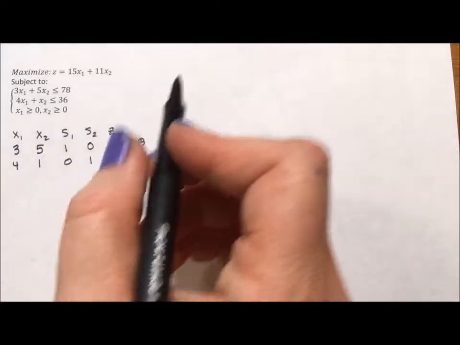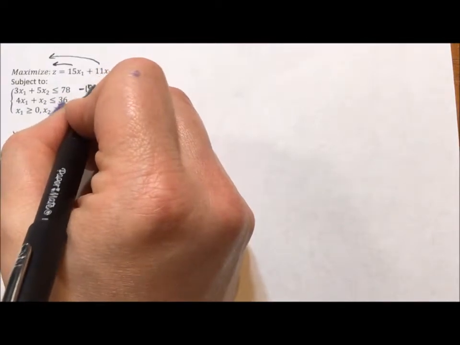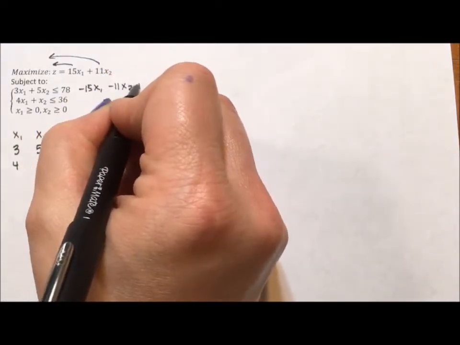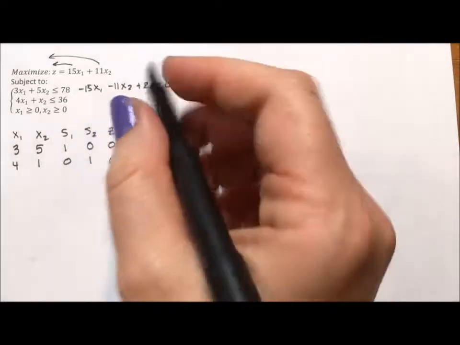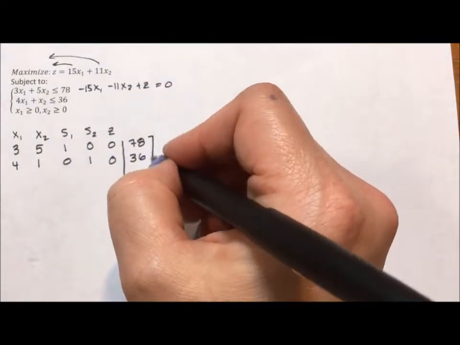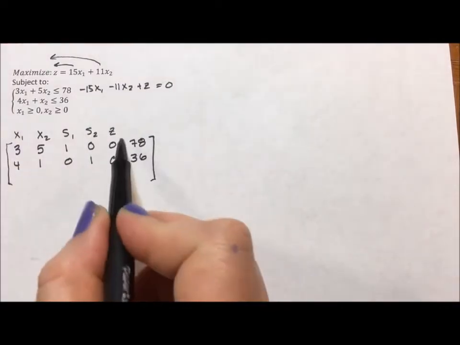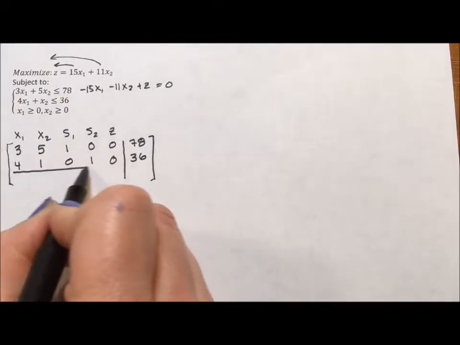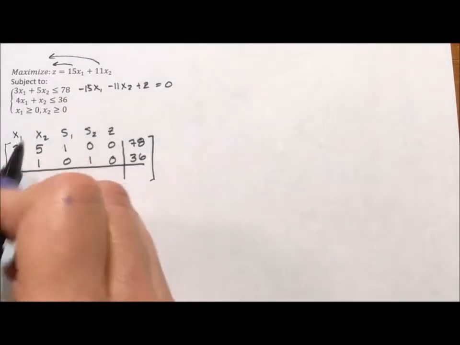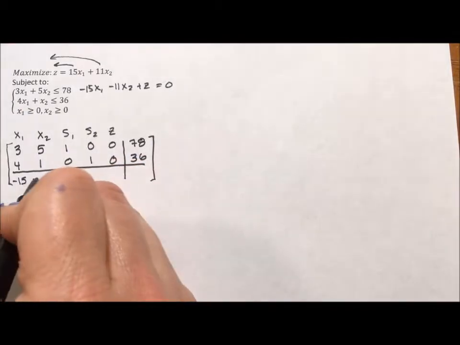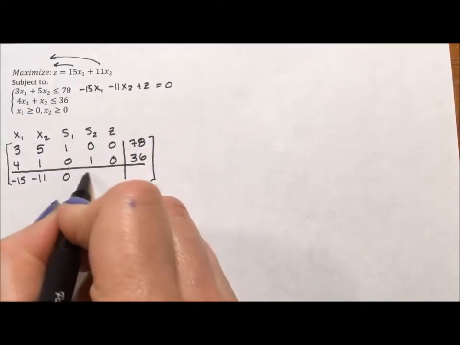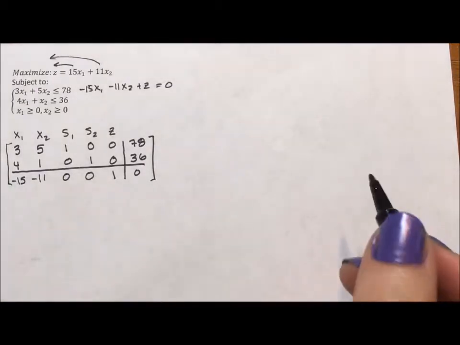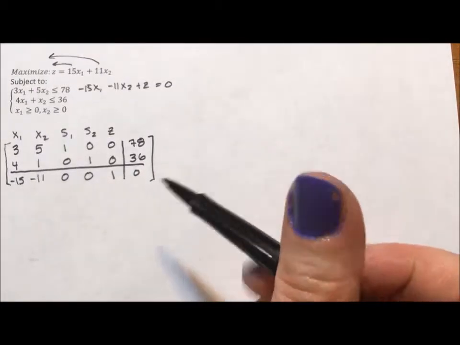And then I'm going to put my optimization formula next, but I'm going to take these variables and subtract them over, so it's negative 15x sub 1 minus 11x sub 2 plus z equals 0, because this is my augmented matrix, notice this is my equal sign and the z is to the left of the equal sign. So, and we'll make a line above our optimization line, we have negative 15x sub 1, negative 11x sub 2, no slacks here, but a z, and it'll equal 0.